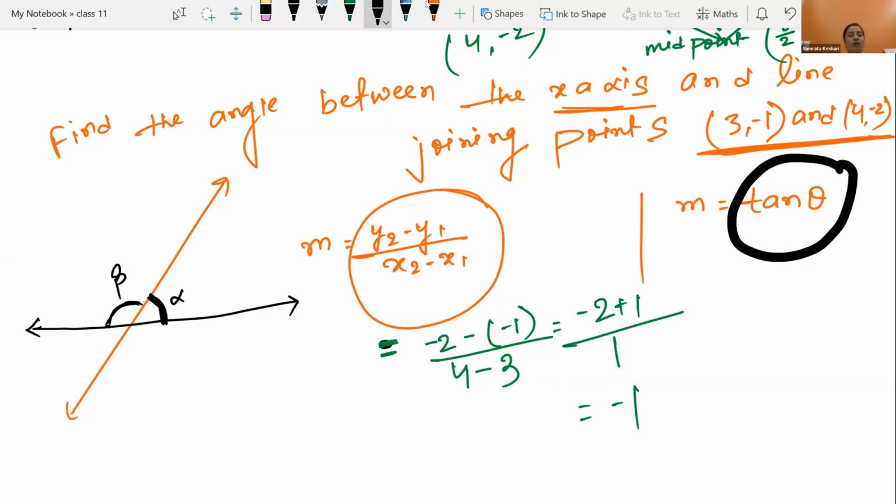Yes, ma'am. That means this theta, the angle created with the positive direction of the x-axis, will always be greater than or equal to 0 and smaller than or equal to 180. Will it be more than 180? No. Are you getting it? The angle will always lie between 0 to 180. So for this -1, what angle can be taken?